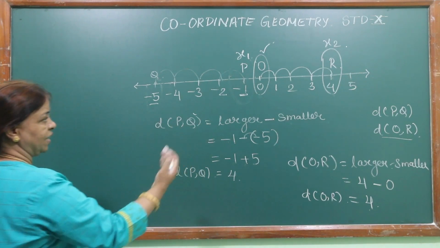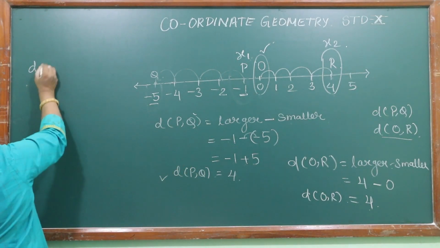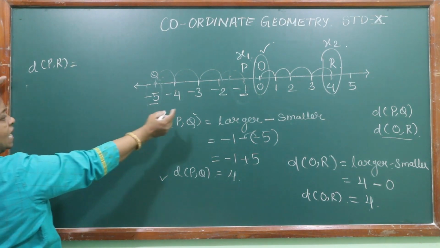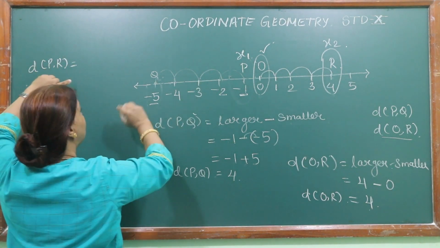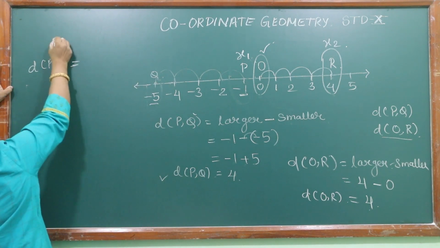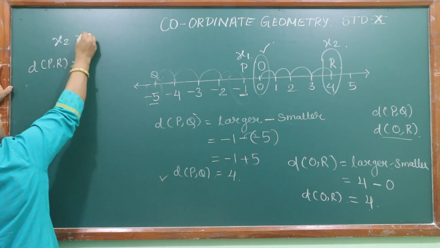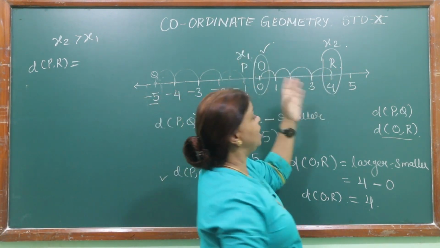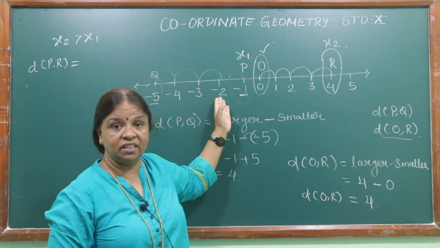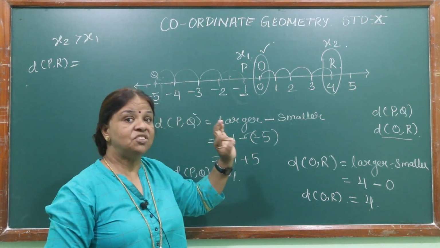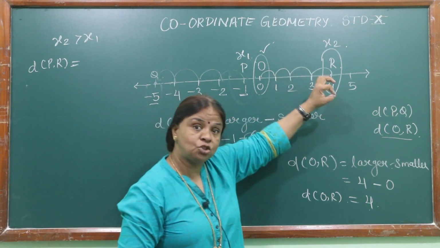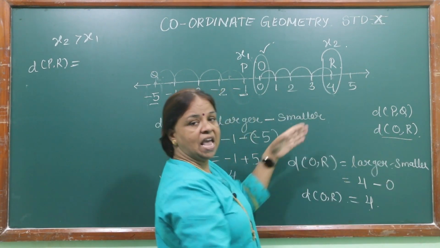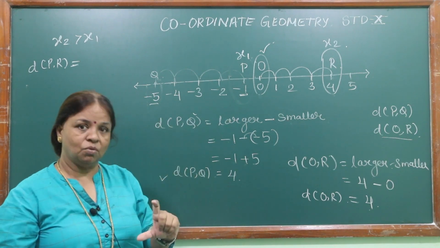So if I want to find out distance PR, I need larger number minus the smaller number. Which is larger? I can say x2 is greater than x1. See, x2 is greater than x1. If there are no numbers written, and the coordinates are only mentioned as x1 or x2, then the one to the right is the larger value and the one to the left is the smaller value.